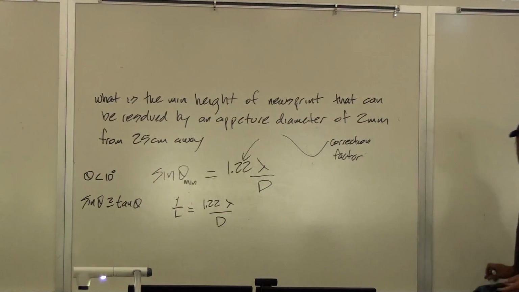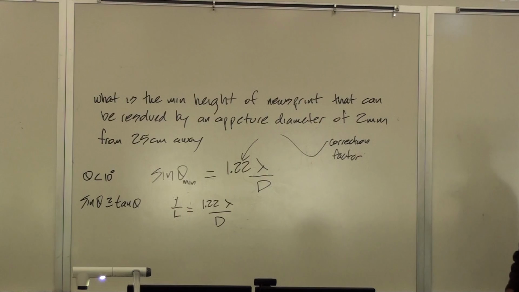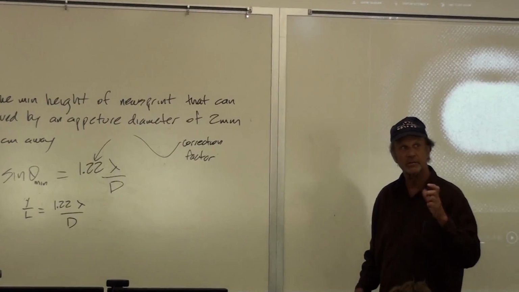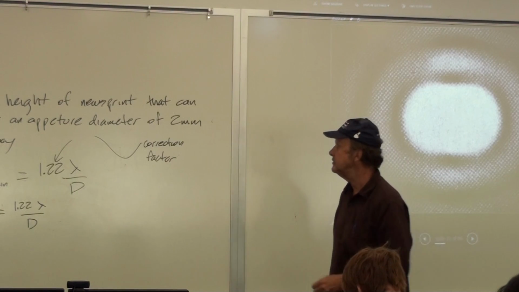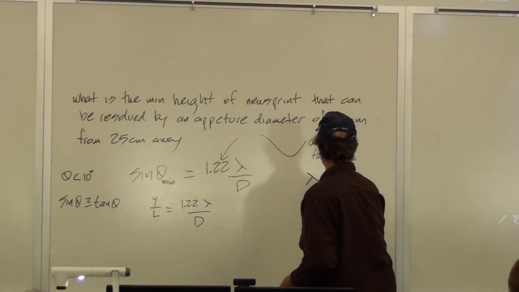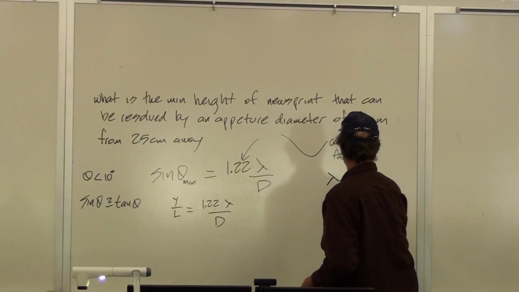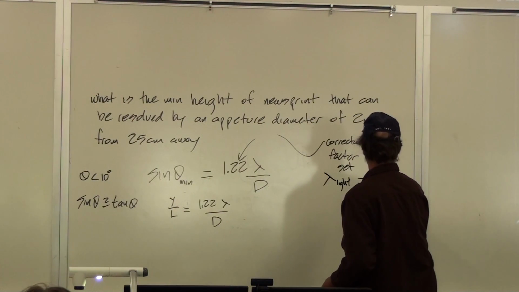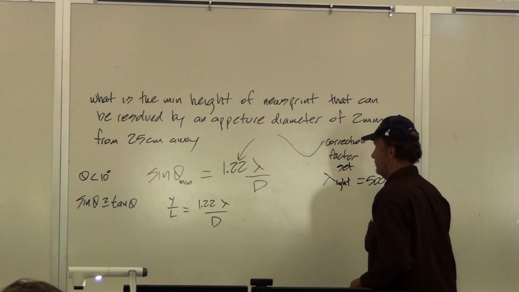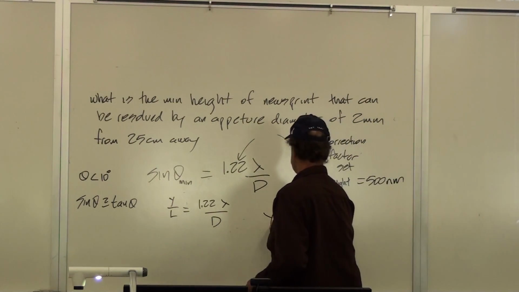Realize there's going to be a little bit of a variation here. It'll vary by almost a factor of 2, right? Because you can go from 400 to 700, but let's just use 500 nanometers for a typical wavelength.